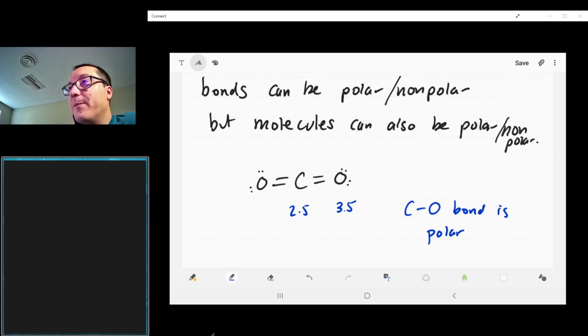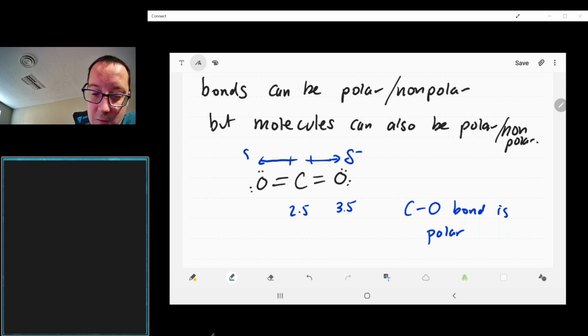It's 1, right? And so we can say, okay, this oxygen is taking the electrons away from carbon. Oh, but look on the other side, we have the same thing happening.